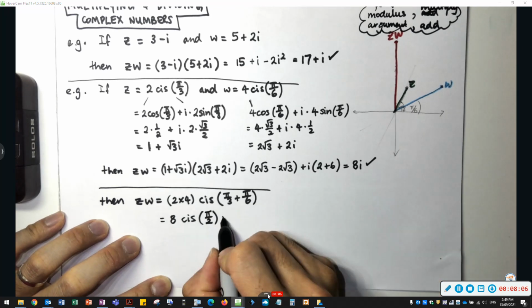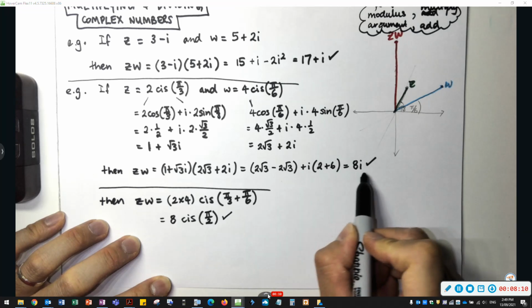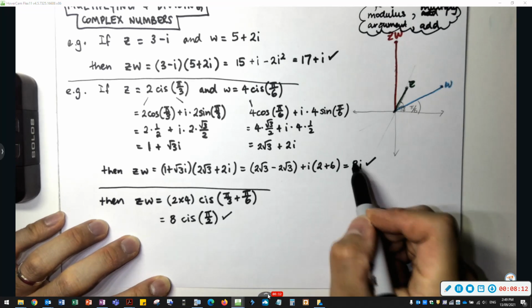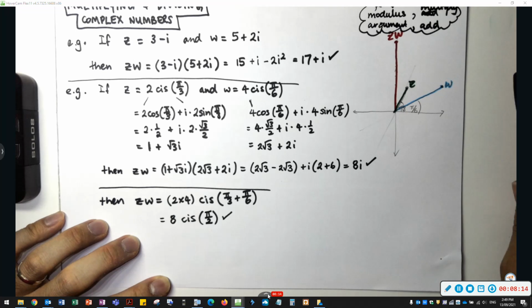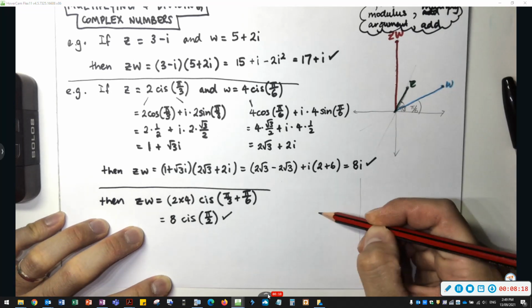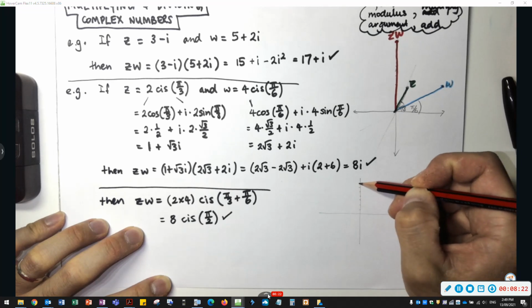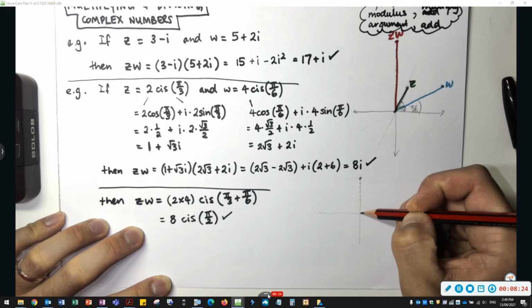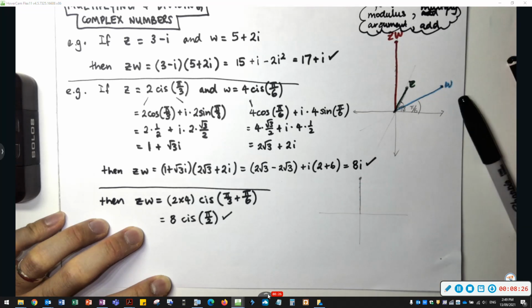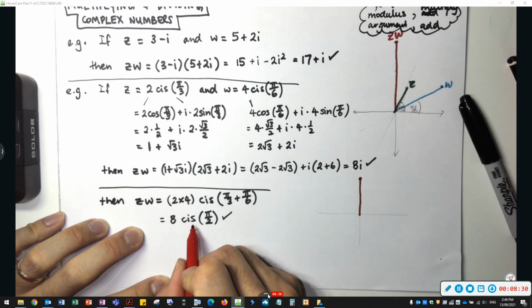So I hope you can see this answer here in polar form is the same as this answer here in Cartesian form. I remind you, 8i. I've just drawn it as 1, 2, 3, 4, 5, 6, 7, 8. Okay, that's 8i. 8 cis pi on 2.